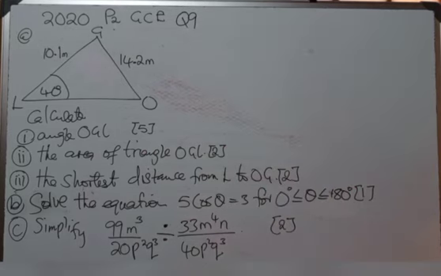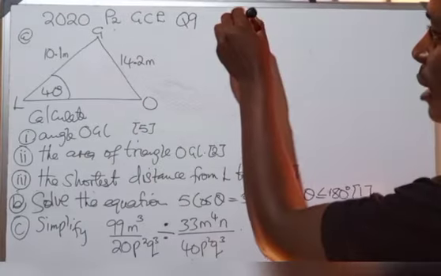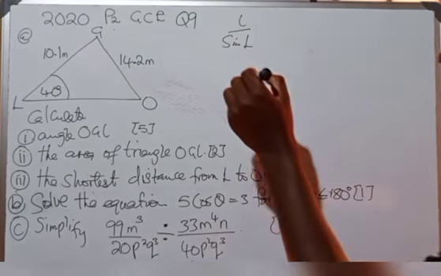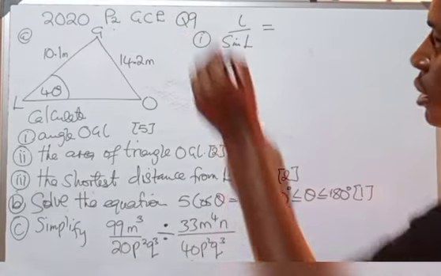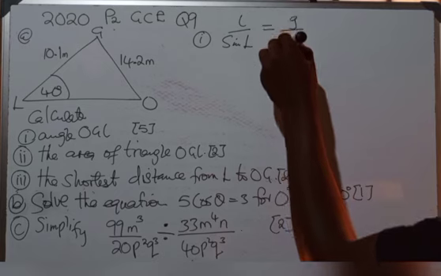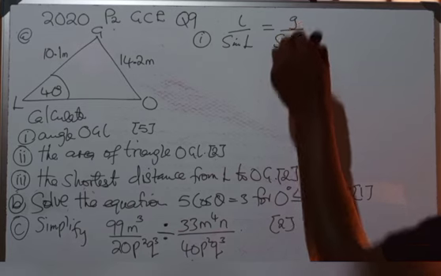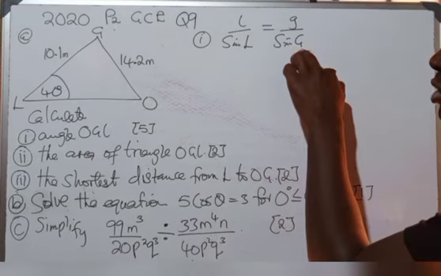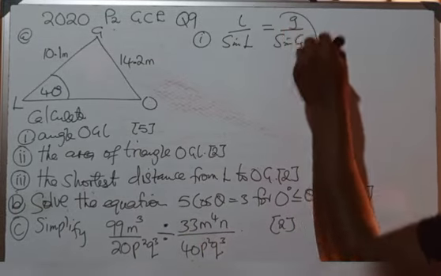So we say small letter L over sine capital L is equal to small letter G over sine G. But small letter G is not known, and the capital G is the angle we are looking for. So we can't get this.